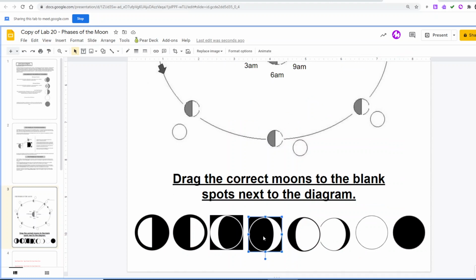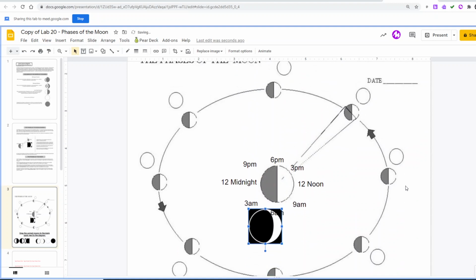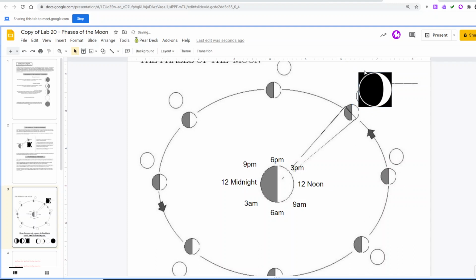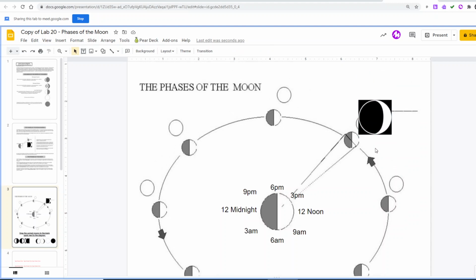I think that one looks best. Sorry about the sirens. So mostly dark on the left with a sliver of light on the right. Okay. Now, let's go to the next one.